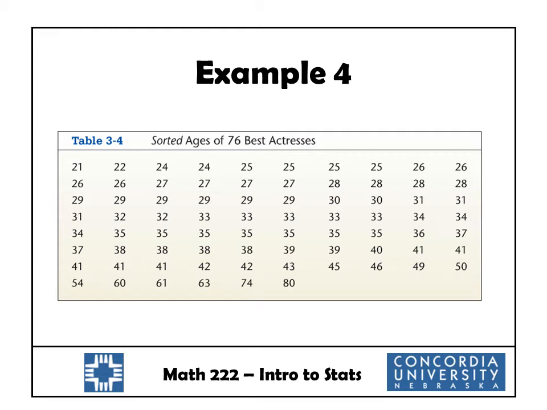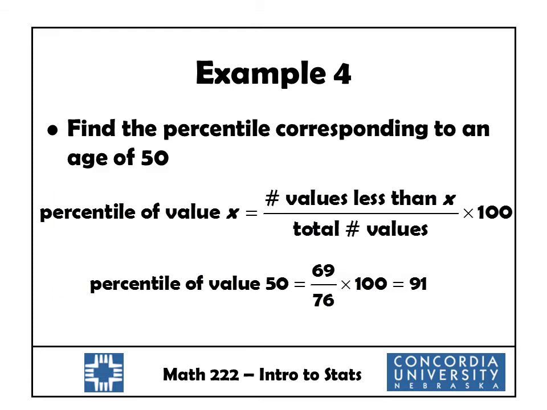Subtract that from 76 and we get 69 values that are less than 50. So the percentile of value x is 69 divided by the total number, which is 76. Take that times 100 and I get 91. So we would say that the value of 50 is at the 91st percentile. That means that roughly 91% of my data values are less than 50.